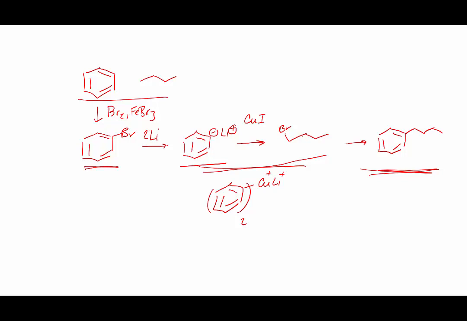So the point of this is, if you want to make an alkyl benzene, you could go through Friedel-Crafts alkylation, and that'd be great if the group you want to put on there isn't going to rearrange. But if the group you're going to put on there is going to rearrange, you could use this as an alternative, and then use the lithium cuprate to couple the benzene ring with the alkyl group.